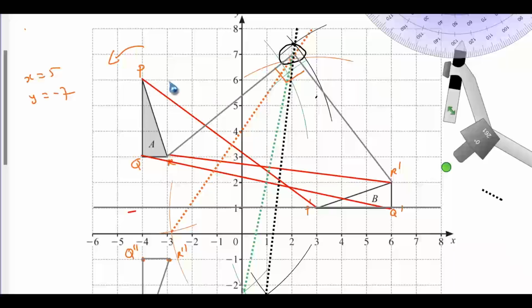So from here, 1, 2, 3, 4, 5. Then let's count 7 downward. 1, 2, 3, 4, 5, 6, 7. So a point will be here. So this will be P prime prime prime.